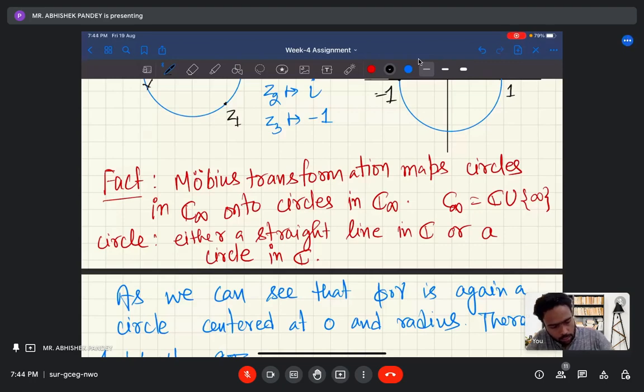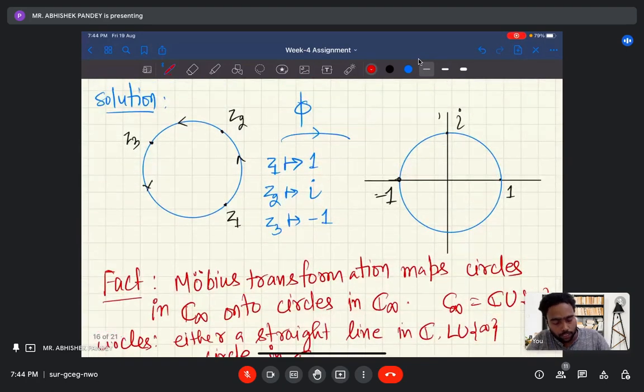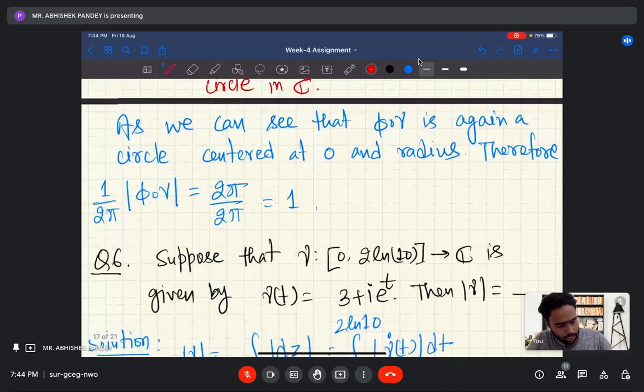Basically, circles in C infinity are either a straight line in C union infinity or a circle in C. So this Mobius transformation will send this circle either to a line or a circle which will pass through 1, i and minus 1. But since these three points are non-collinear, the only option left is a circle. So now phi o gamma is nothing but a circle.